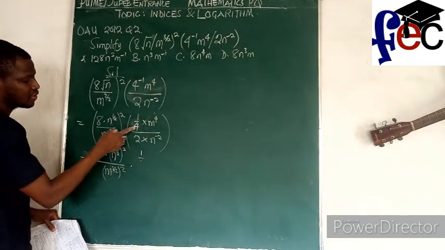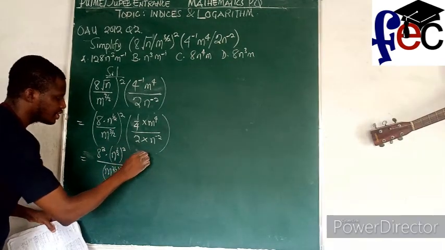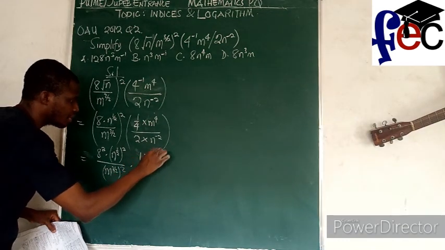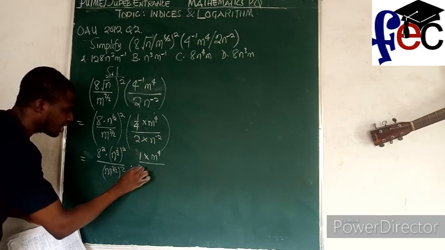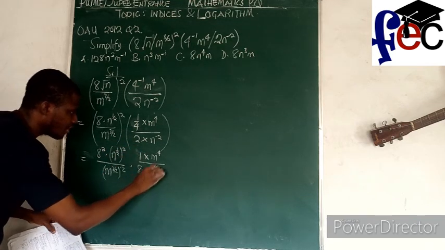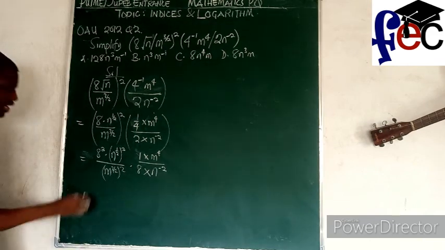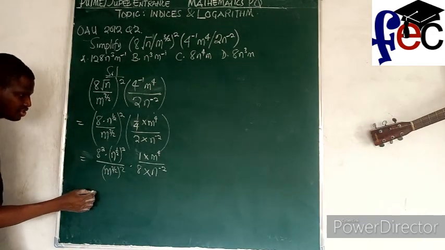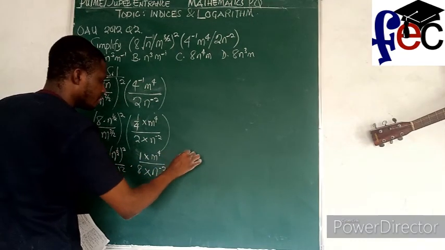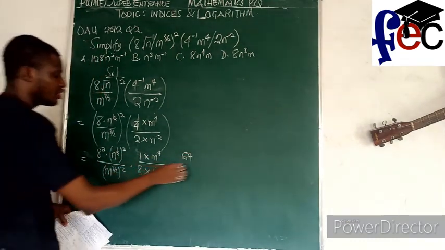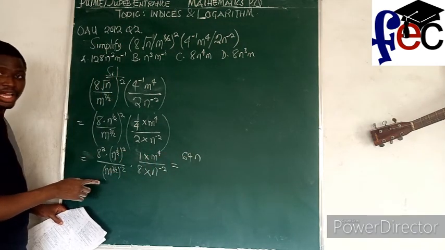Do you know that this 4 can come down? So that I'll just be left with 1 times m raised to power 4 divided by, this 4 comes down, you have 8 times this, then n raised to power minus 2. So from here I can see that this one will become 64. This one will become ordinary n because these 2 and these 2 can multiply.